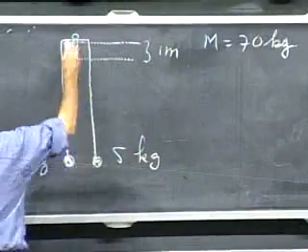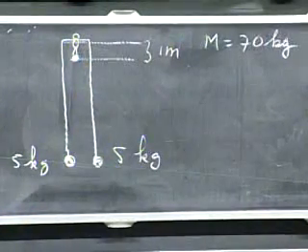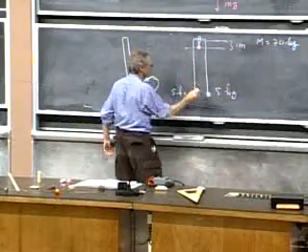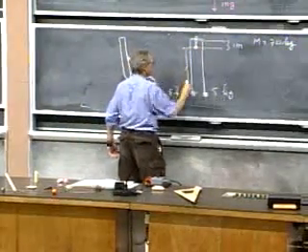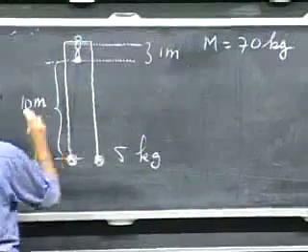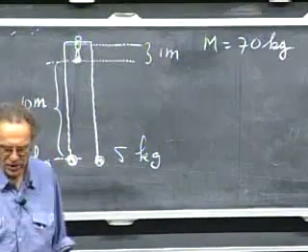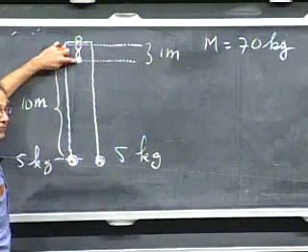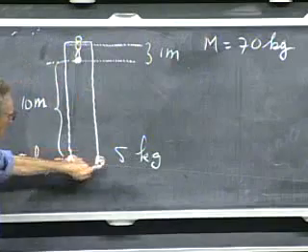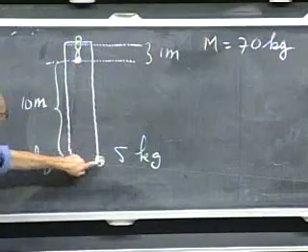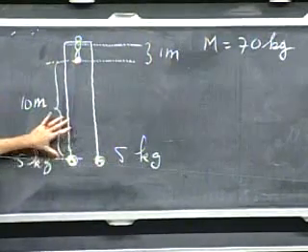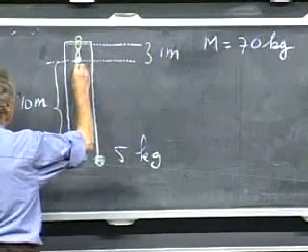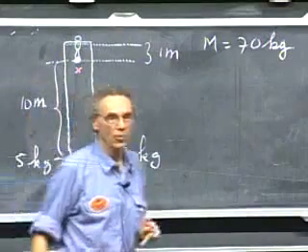Let's assume that this structure is very lightweight, so that we can ignore that, and that this distance be 10 meters. Where is the center of mass of this system? 70 kilograms is 1 meter above the rope. 10 kilograms is 10 meters below the rope. So clearly the center of mass of the system as a whole will be below the rope.